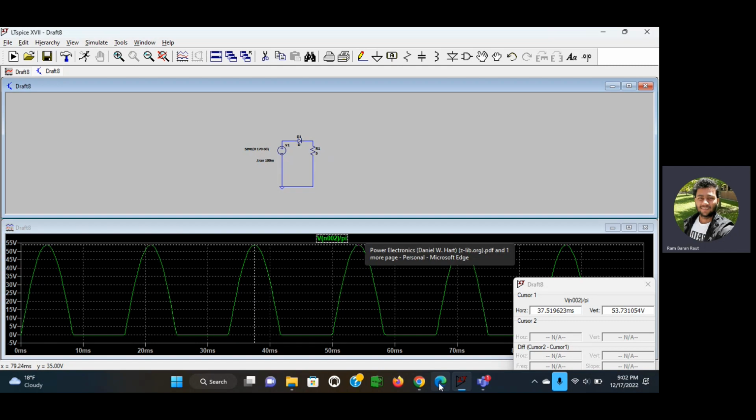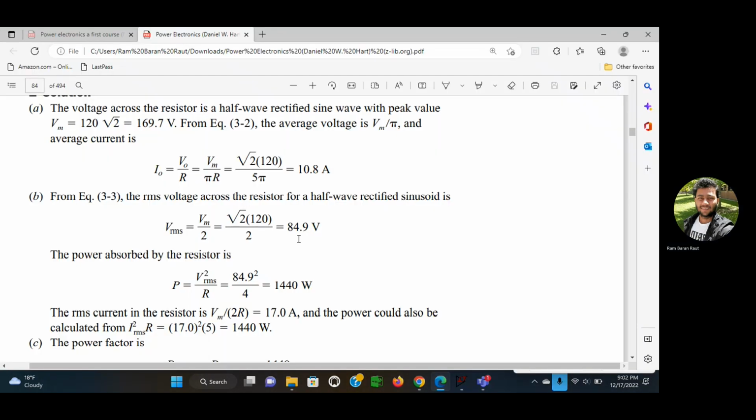Still, we are not getting that one. So how are they finding it? They are utilizing just Vm over root 2. Vm divided by 2. Yeah, it's the same thing. So they are just utilizing that one.